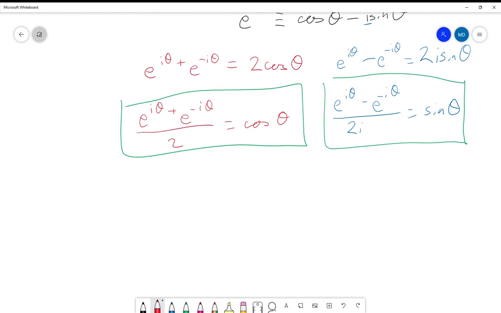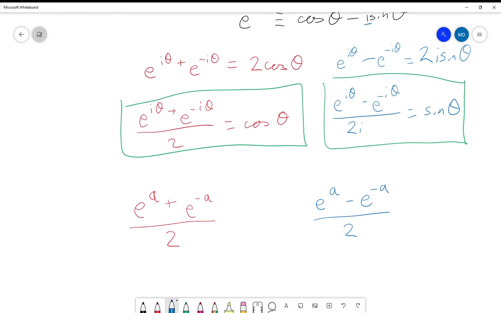What if we were to write these functions without the imaginary parts? What if we wanted to deal with exactly these definitions, but entirely real in terms of our coefficients? In that case, we would be looking at e to the a plus e to the minus a over 2, and for sine, e to the a minus e to the minus a over 2.